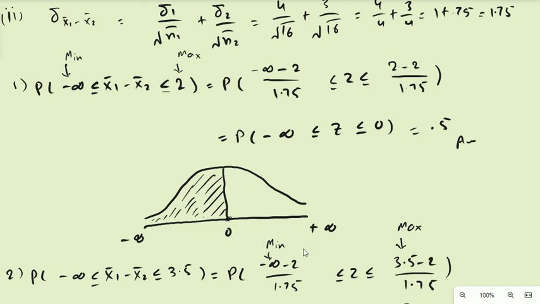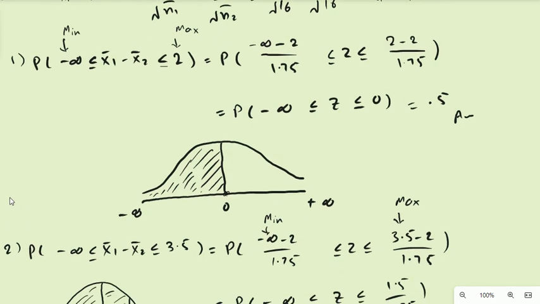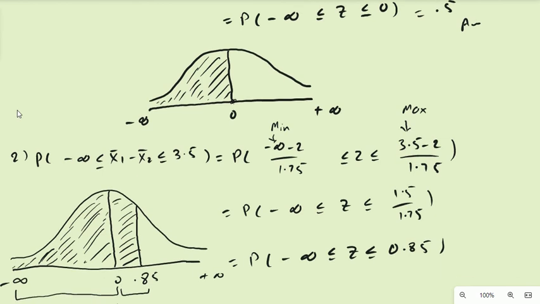The left hand side is directly minus infinity, because if we add or subtract anything to minus infinity or plus infinity, it remains infinity. So this is minus infinity, this is z, and this is 1.5 divided by 1.75. If we calculate it, this is equal to 0.85. So we need the area between minus infinity and 0.85.